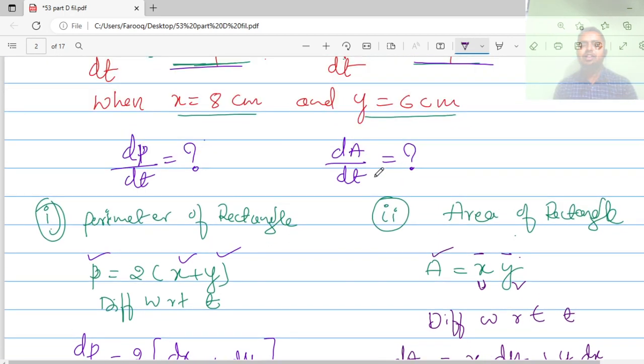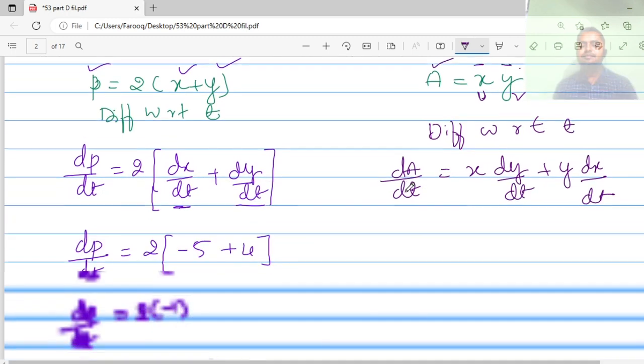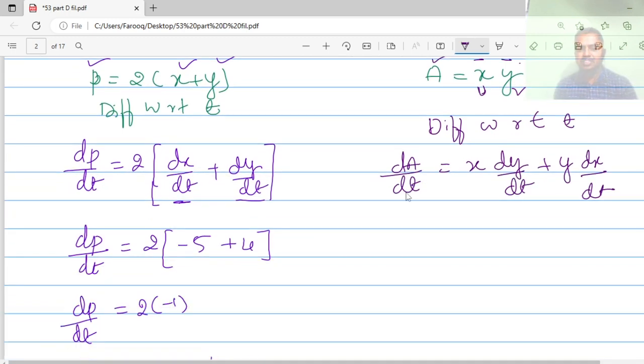Here, what are the values of x and y? 8 and 6. These two values we are using here. Therefore dA by dt is equal to 8, dy by dt is 4, plus 6, dx by dt is minus 5. It is given in the question.